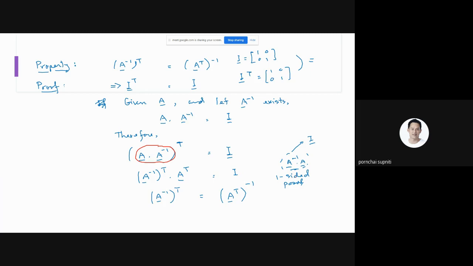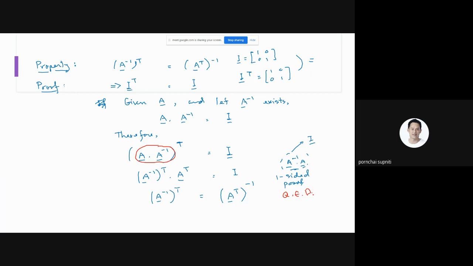Then you will get a similar result but in switched order, and then we can say that this is the proof. Sometimes we use a proof like this to check.